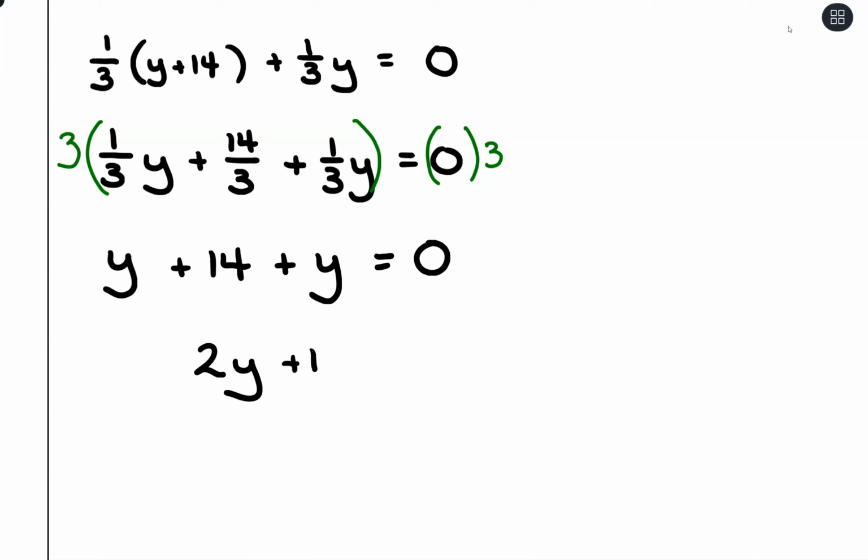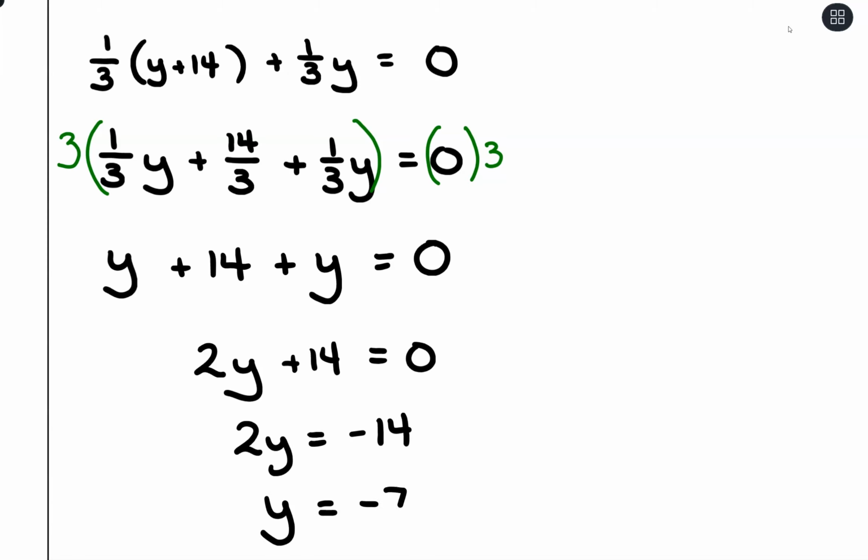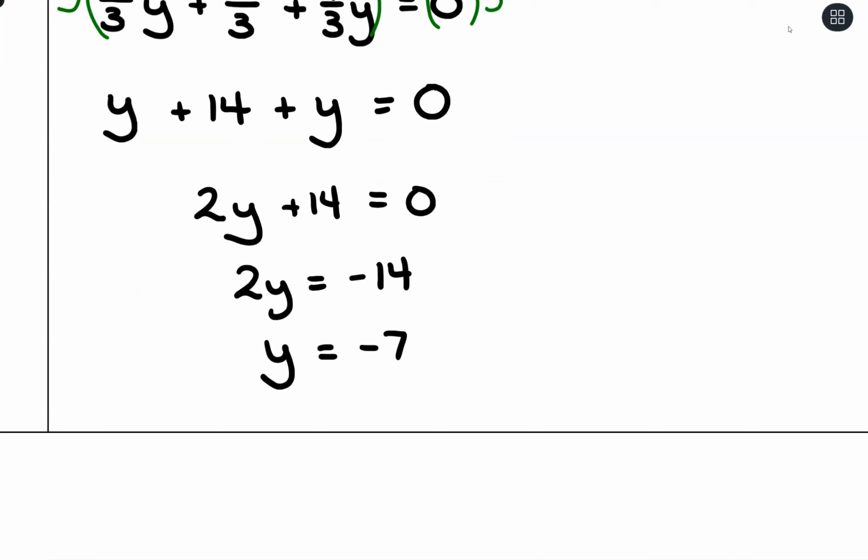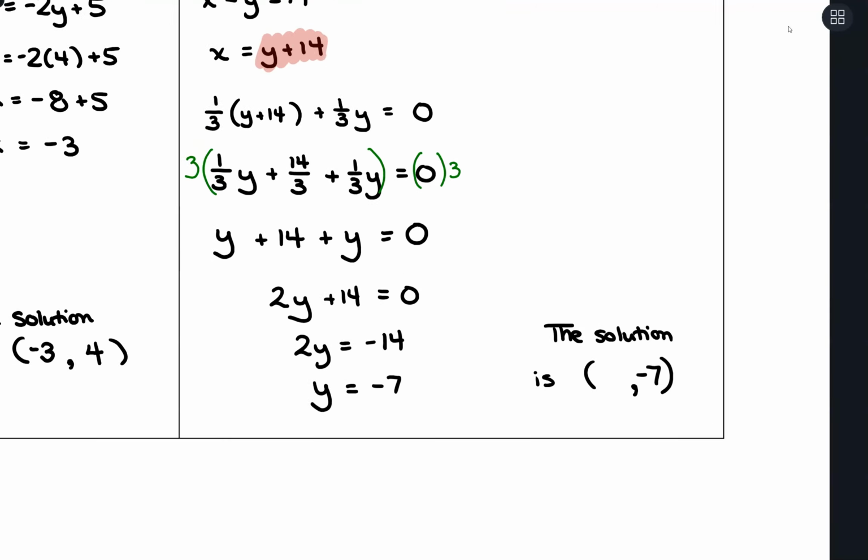So we have 2y plus 14 equals 0. 2y equals -14. Divide both sides by 2 for a -7. Okay, so the solution is, and we found our y coordinate first, which is totally fine, as -7.